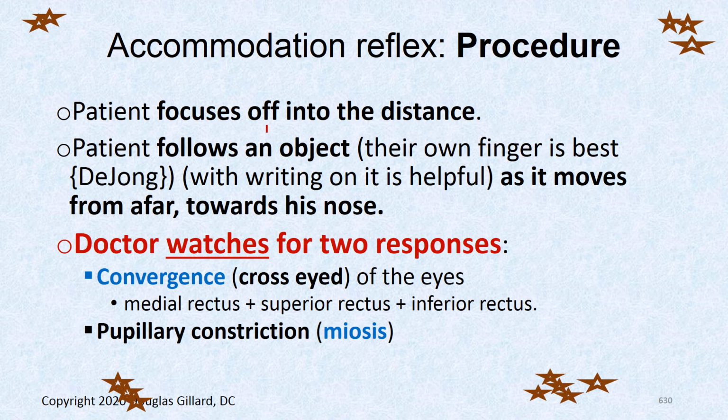All right, so the procedure: the patient focuses off into the distance, maybe on your finger or pen way away, and you bring your finger with some writing on it and move it toward their nose slowly. The doctor is going to watch for two things. So the accommodation reflex has two objective parts, and then there's one subjective. You have to rely on the patient telling the truth.